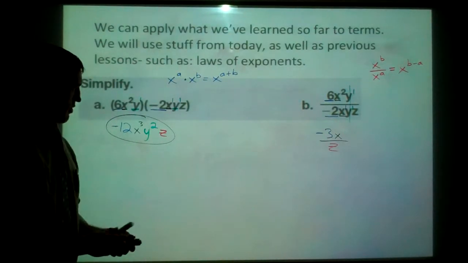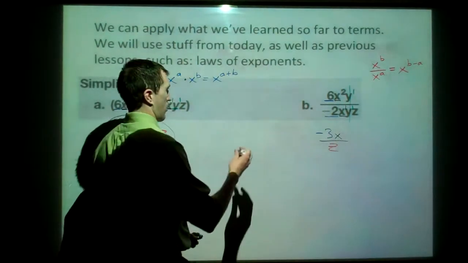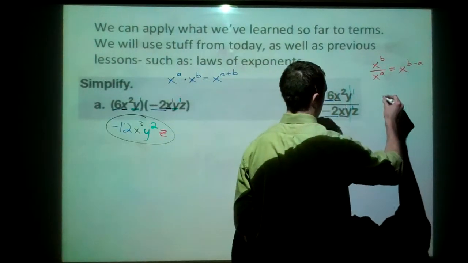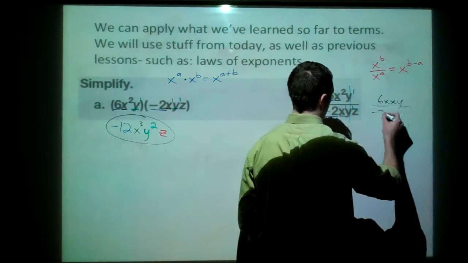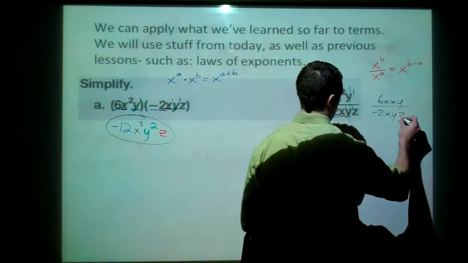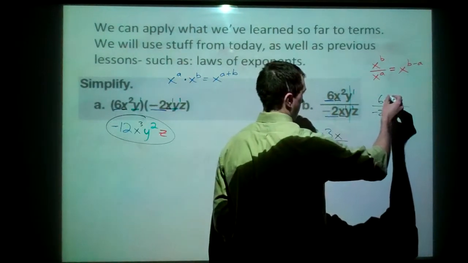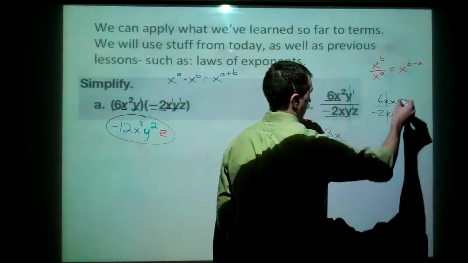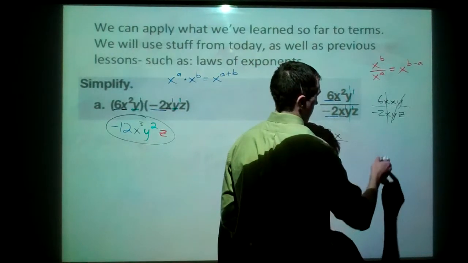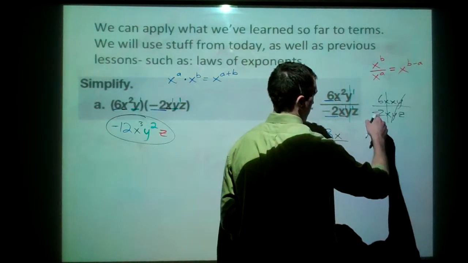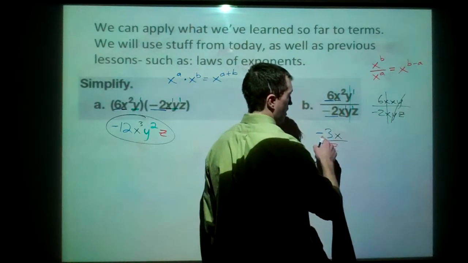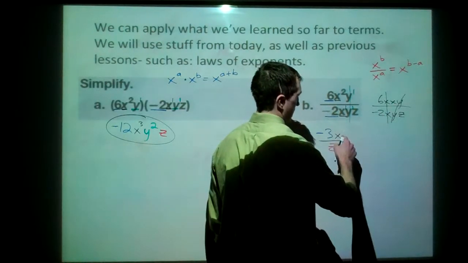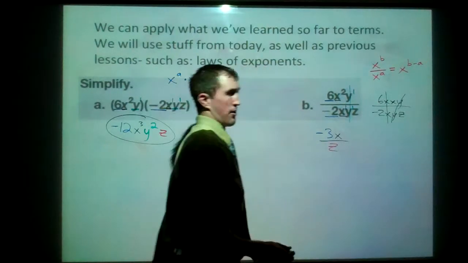Now one way we could have done this, otherwise real quick, we could have listed everything out. 6x squared y all over negative 2xyz. You can cancel out one x and the y's, and you're left with 6 divided by negative 2, negative 3. There's one x left on top and one z left on the bottom.